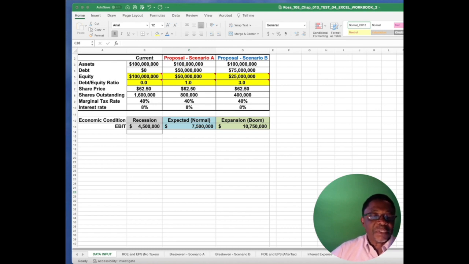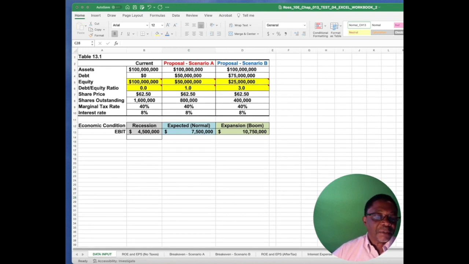Now I'm going to go to this second worksheet, return on equity and earnings per share, no taxes, and see how earnings per share differs in the no debt scenario versus the scenario where we have debt to equity of 3-to-1, assuming we have an EBIT of $7.5 million.